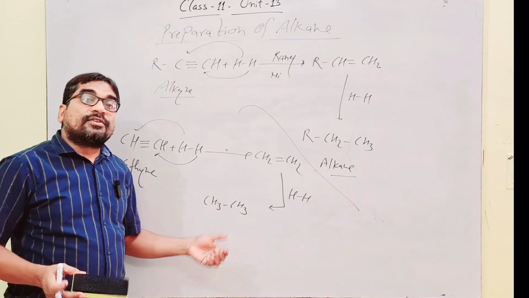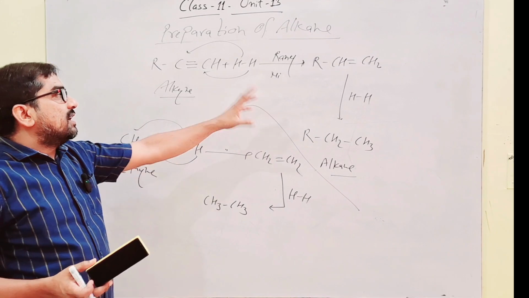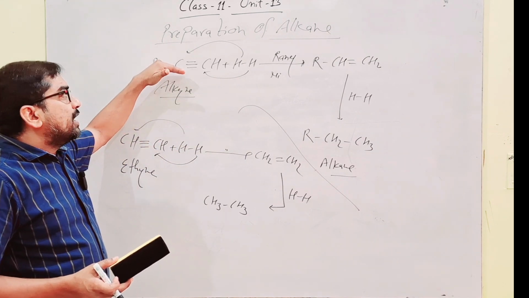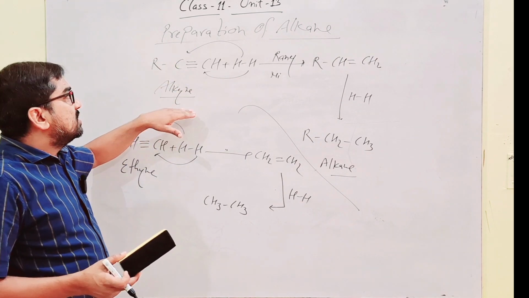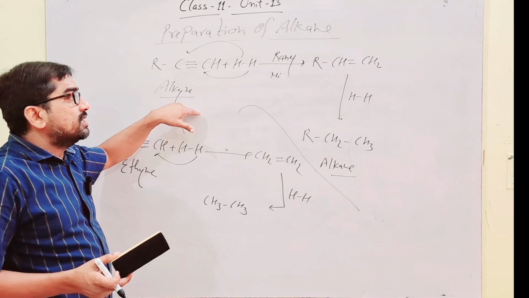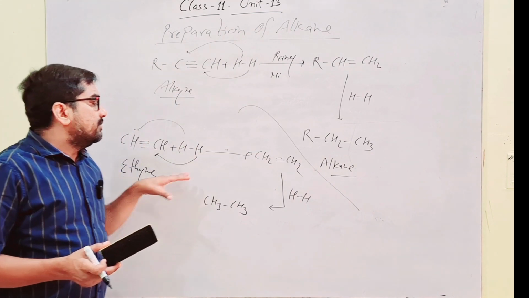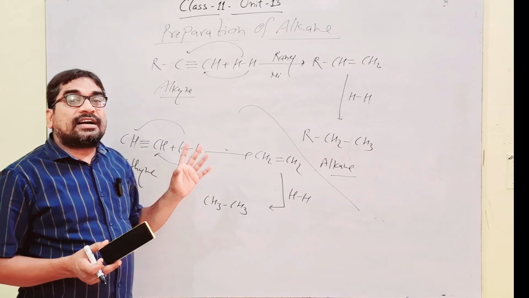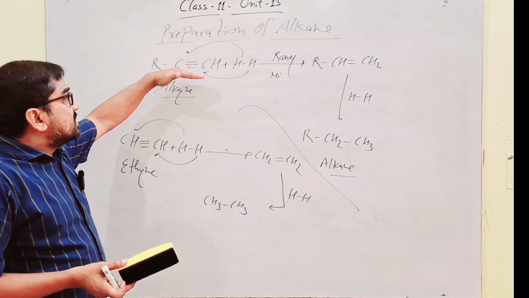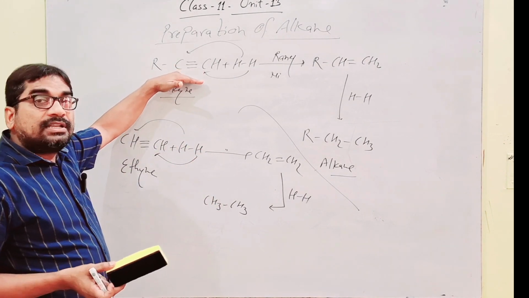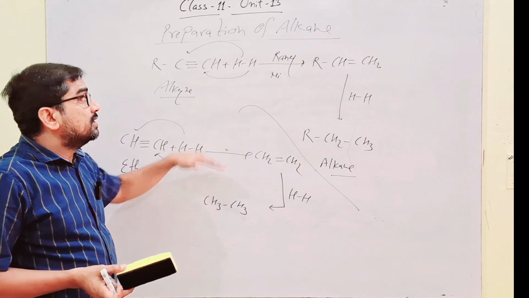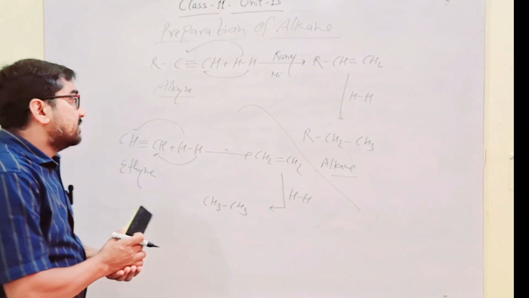Alkane ethane is formed. There is no change in the number of carbons. Whatever the number of carbons in the unsaturated hydrocarbon, the same number of carbons will be present in the alkane. It's not in the category of decarboxylation. The same number of carbons in alkyne will give exactly the same number in alkanes after reduction under Sabatier-Senderens.